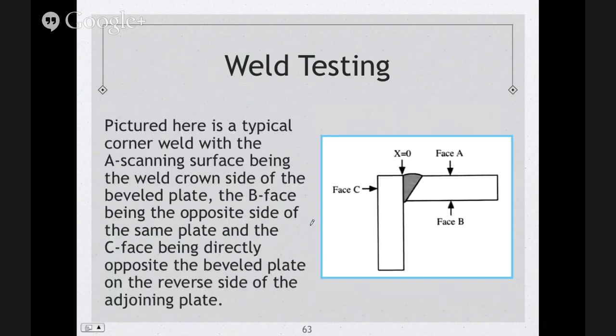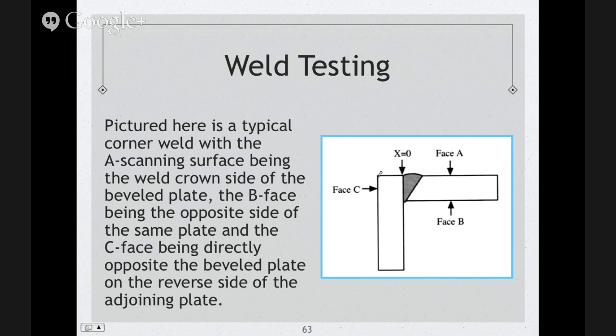So the picture here is a typical corner weld with a scanning surface A, right? Being on the weld crown, this is the weld crown, on the bevel plate, right? The B face being the opposite side of the same plate, and face C being directly opposite to the bevel plate on the reverse side of the adjoining plate.